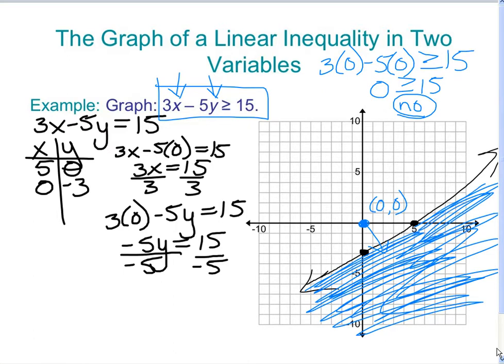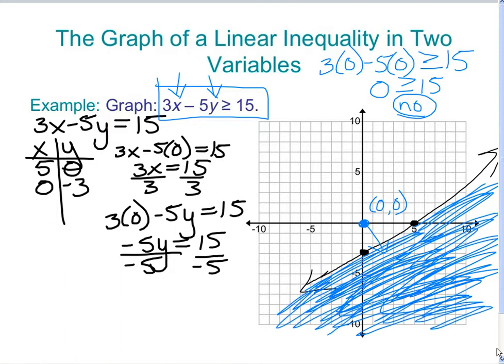What the shading tells you is that every point that's shaded will be a solution to the inequality. So let's suppose you were to check the point 0, negative 10, which is down here. If you were to test it in this inequality, you would get a true statement.